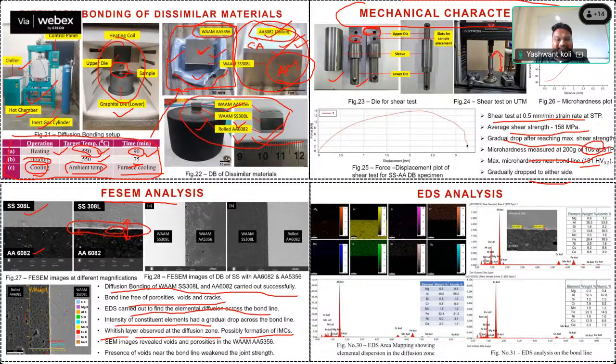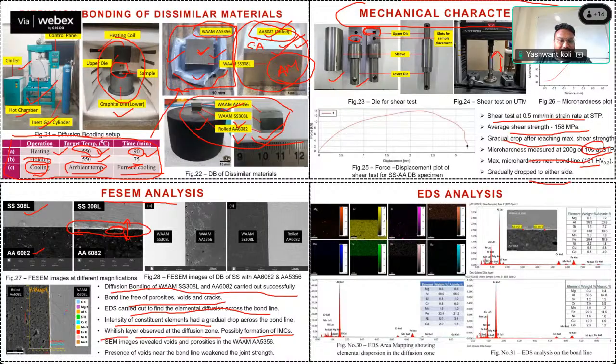So that intermetallic compound also has to be in limits, like within 10 microns width, to keep the bond strength up to the mark. Otherwise, if the IMC width is more than 10 microns or 20 microns, then there is a problem for bond strength. The bond strength is not too high, so that we have checked.